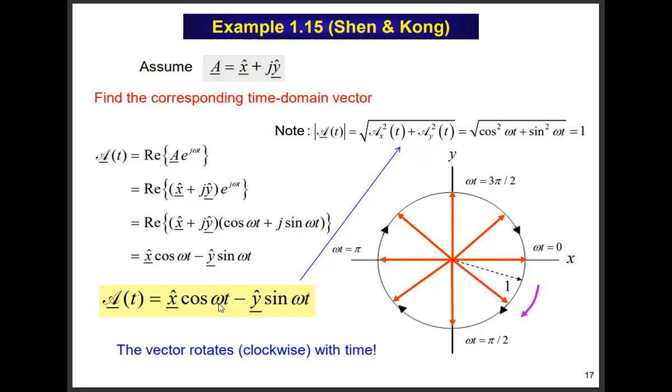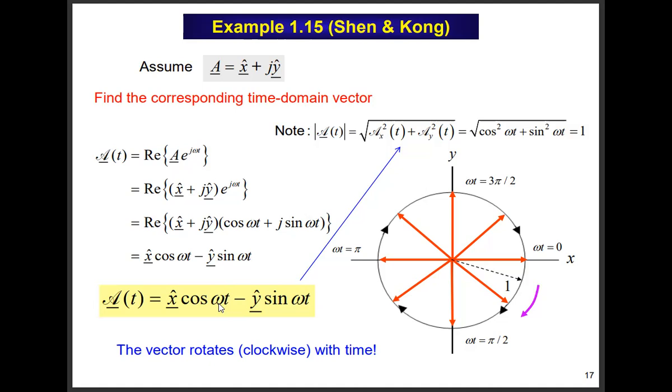I mean, cosine omega t, okay. Maybe it helps if I write it like this. 1 out in front, cosine omega t plus 0. That help?